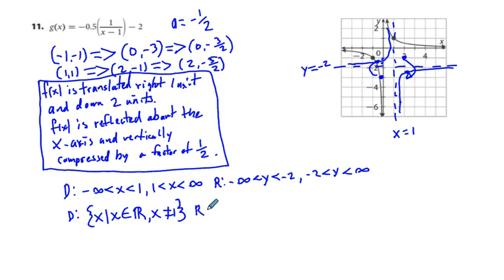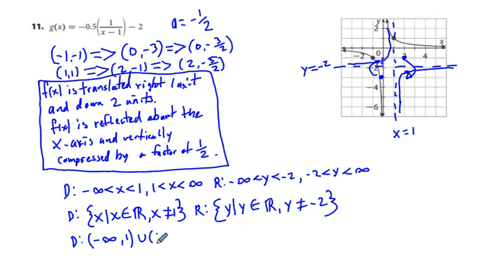Our range is going to be y such that y is an element of all real numbers except y cannot equal the value of the horizontal asymptote, which is negative 2. And then finally, in interval notation, we have domain, negative infinity, comma 1, union, 1, comma infinity.